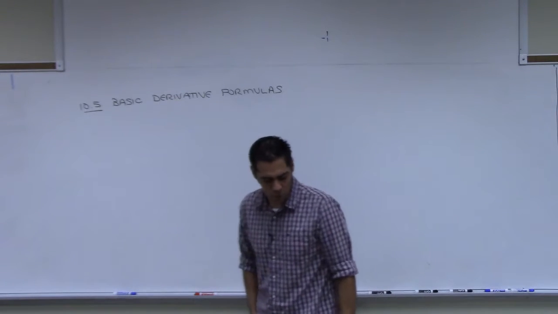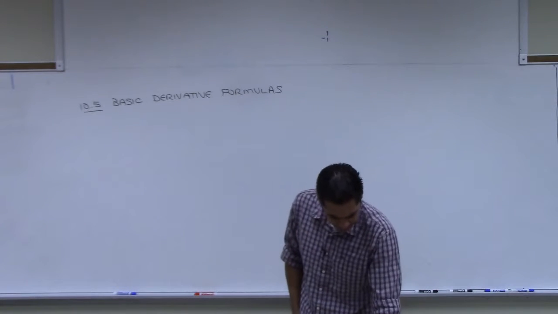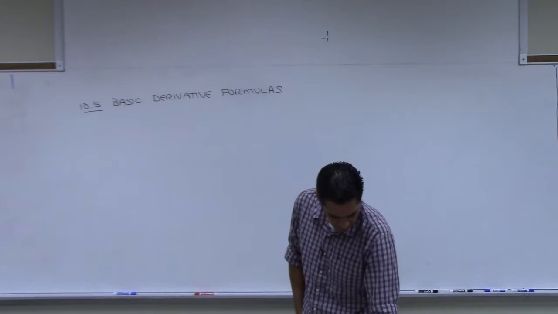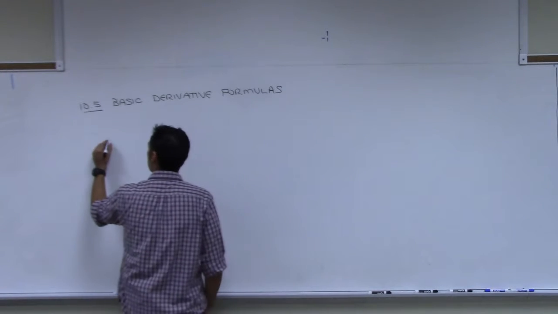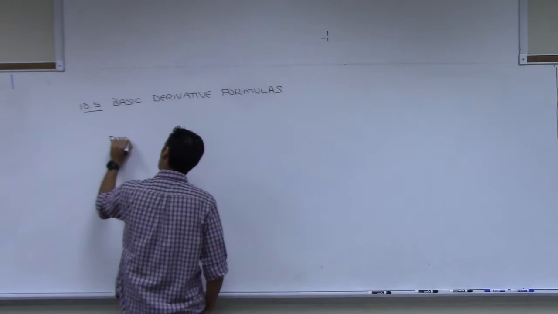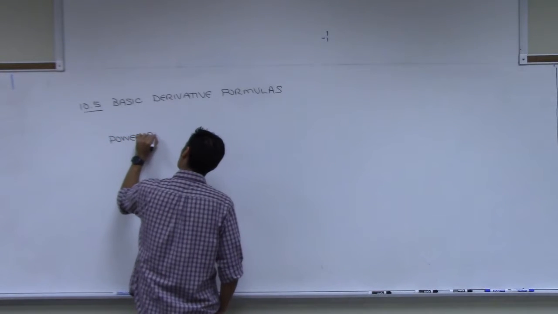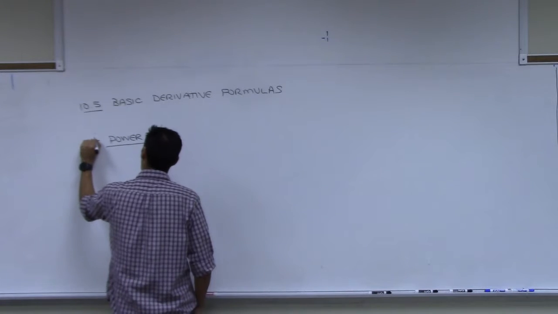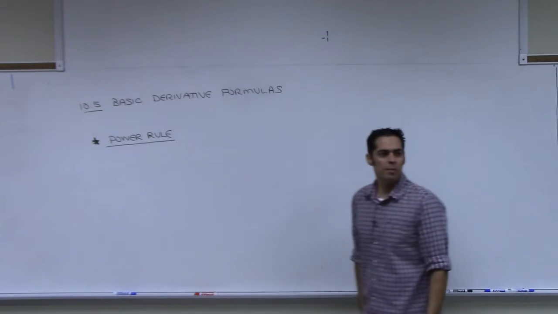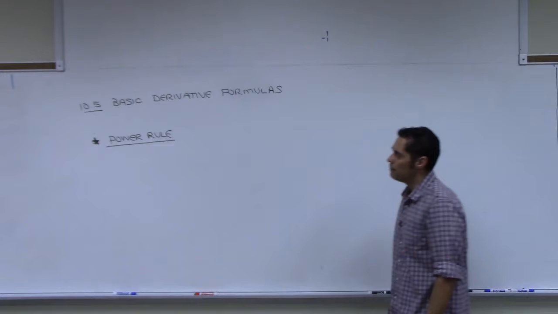So here's the first one. The first one I'm going to give you because I think it's the most important one. It's called the power rule. Star, star, star here. Super important rule.